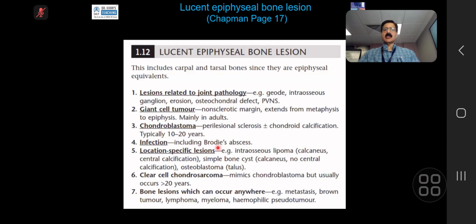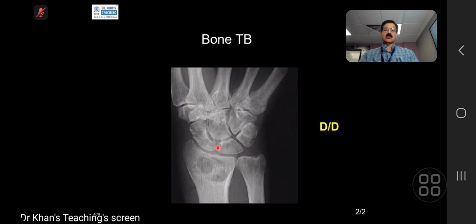And then giant cell tumor. We started debating the giant cell tumor. So giant cell tumor, you were not convinced that this is giant cell tumor, and part of your reasons were right, but you lost your confidence. And that is the feedback from my side. You should not have lost the confidence.